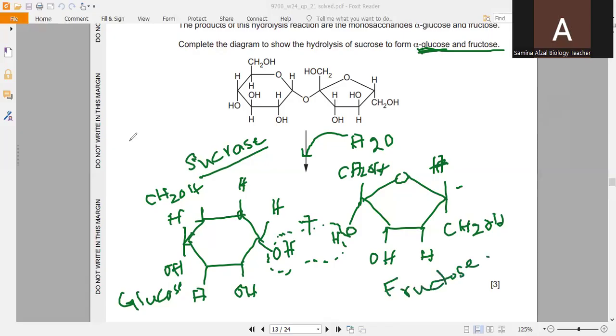So it was the reaction where water was added and sucrose in the presence of sucrase has been broken down into alpha glucose and fructose.